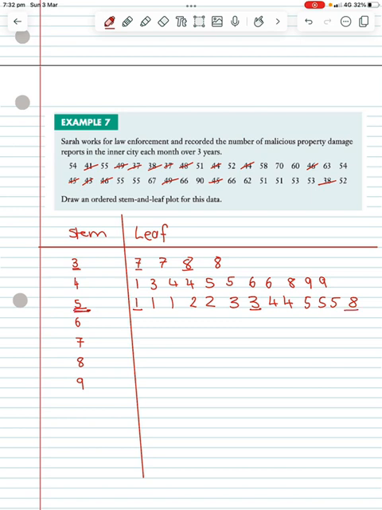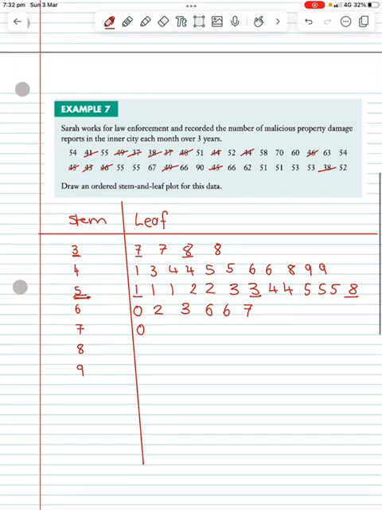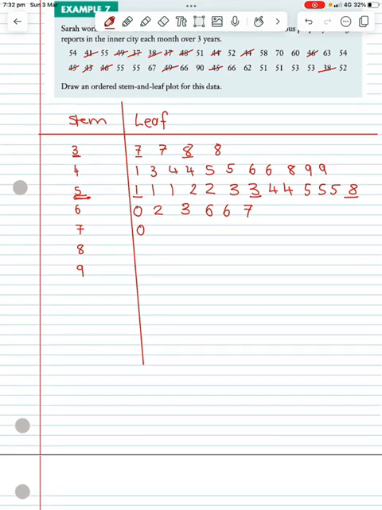So you do your stem as your first number and then your leaf as your second number. For 60, I have 0, 2, 3, 6, 6, and 7. For 70, I just have 0. For 80, there's none in the 80s, so we just leave it blank. We don't need to write anything next to that stem. And for 90, there is a 0.